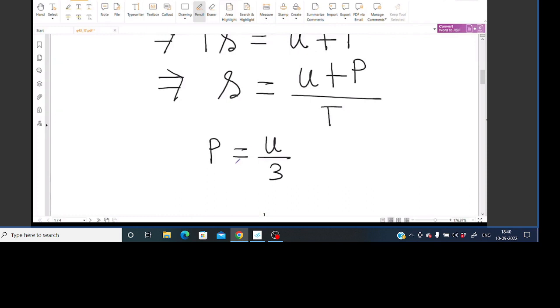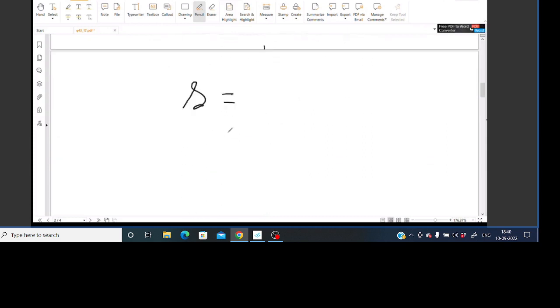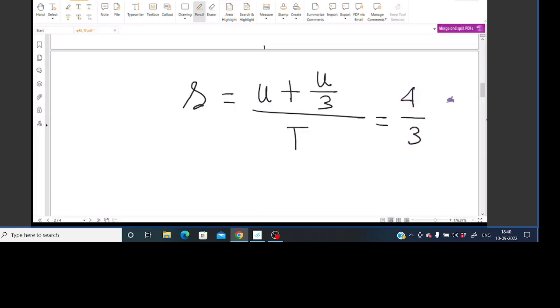Replacing P by small u by 3 in this expression, we get small s equal to u plus u by 3 by T. This means small s equal to 4 by 3 into u by T.